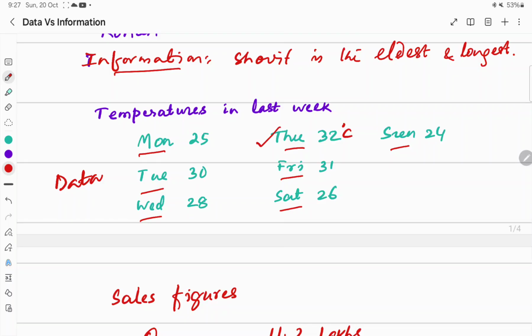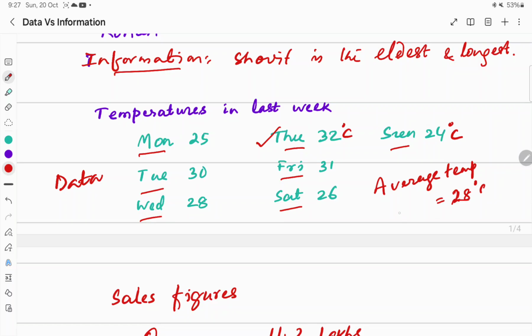The coolest one was Sunday with 24 degrees Celsius. From this we can also calculate the average temperature. Average temperature, it will be say 28 degrees Celsius.